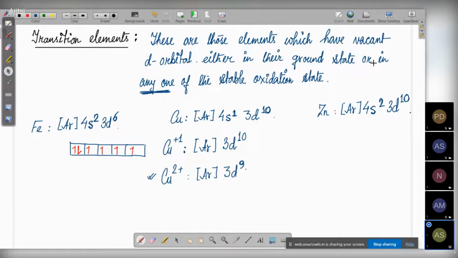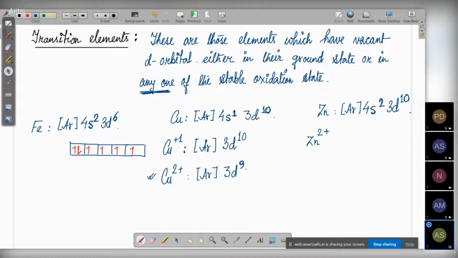So now let's see the second condition, that is, in any one of the stable oxidation states. Now, what can be the oxidation state of zinc? What is the valency of zinc generally? It is zinc 2+, Zn2+. See, all the compounds of zinc that you have studied in lower classes, be it ZnSO4 or ZnCl2, whatever, they are all Zn2+.